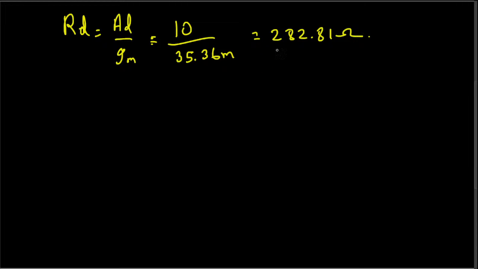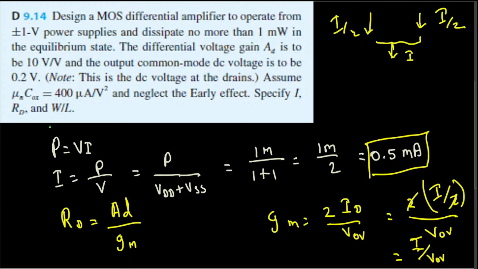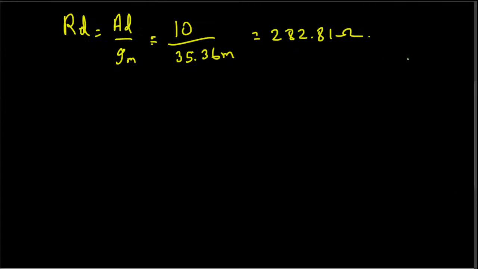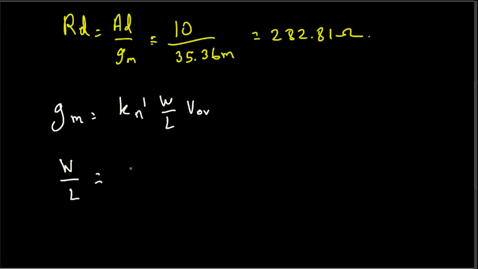Once we have RD, the next one is to find W over L. To calculate W over L, you can use either the current equation or the transconductance equation. The transconductance equation is much simpler, given by Kn prime W over L times V overdrive. If we rearrange this equation for W over L, it is gm divided by Kn prime times V overdrive.